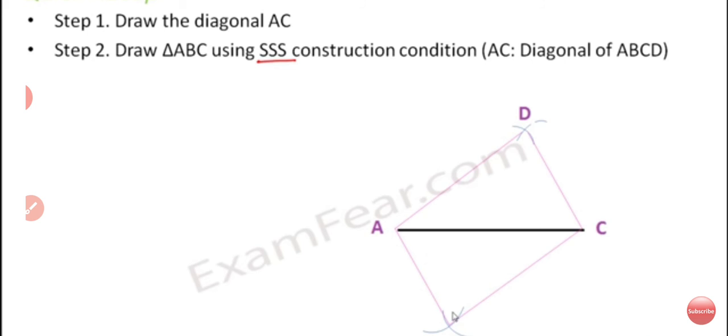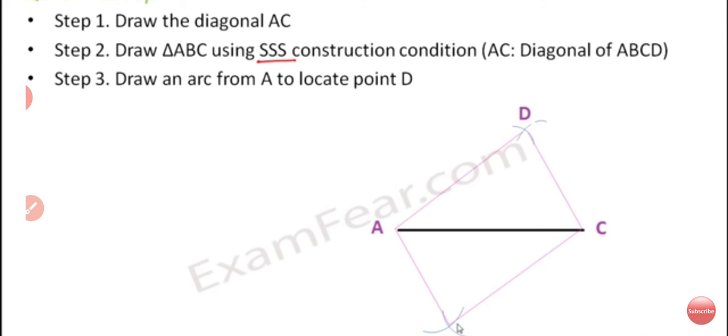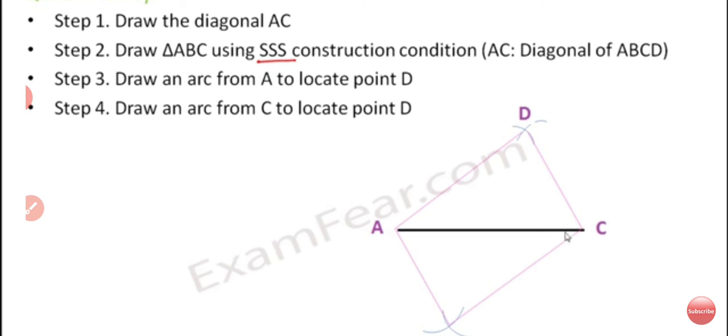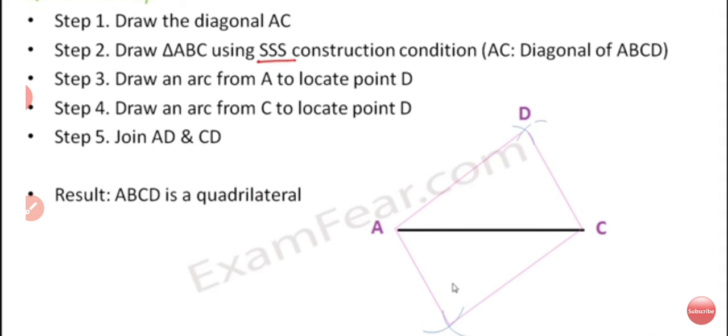Then draw an arc from A to locate point D. The distance of AD is 6 centimeter. Now join AD and CD. So it is your triangle ACD. Result: ABCD is a quadrilateral. Understand? This is how you draw a quadrilateral when four sides and a diagonal are given.